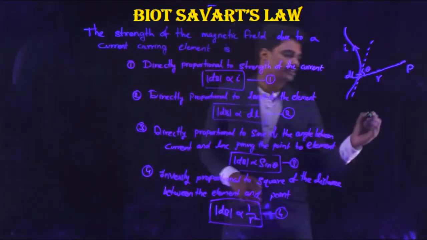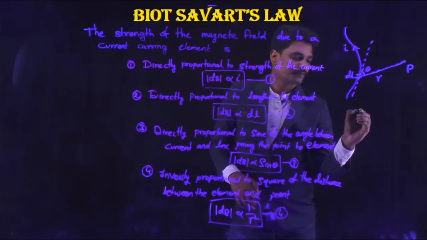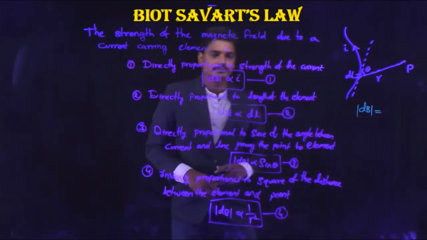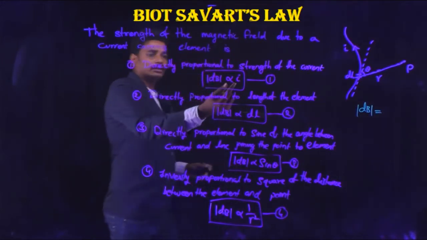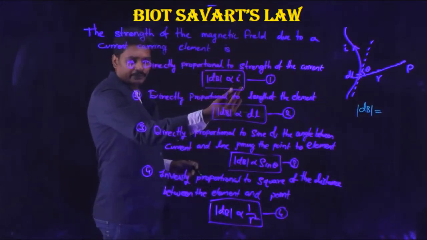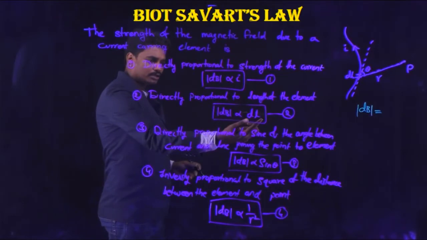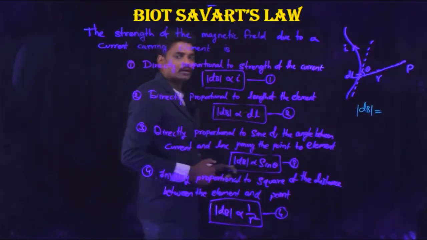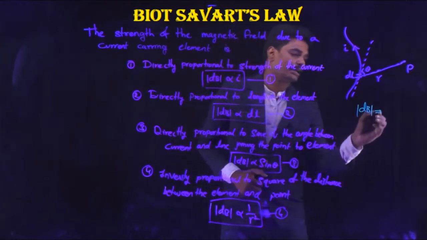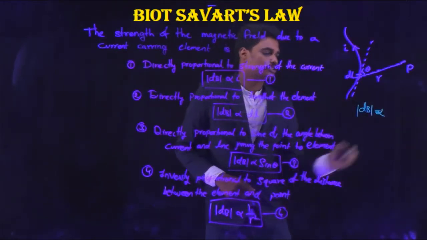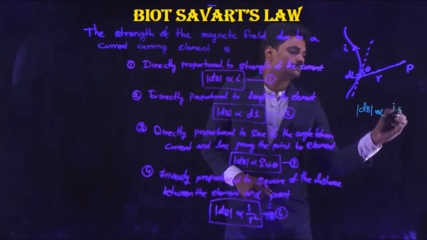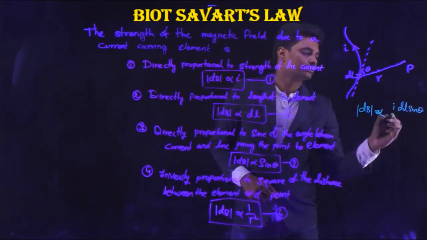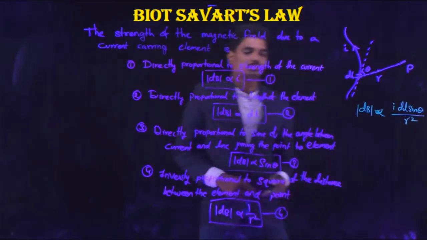From these 4 equations, by combining all of them, mod dB is directly proportional to I, proportional to dl, proportional to sin theta, and inversely proportional to 1 by r square. So mod dB is directly proportional to I into dl into sin theta divided by r square.